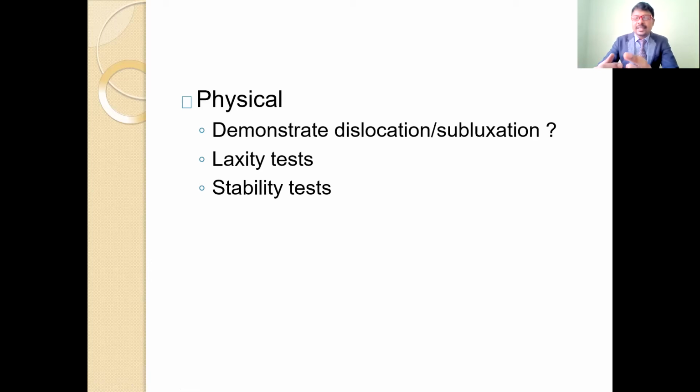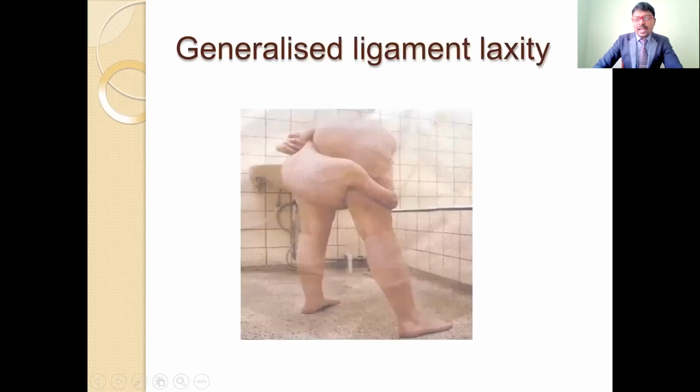So from the history taking, the causative factors, and the demonstration of what type of dislocation or subluxation it is, we can identify the risk factors for recurrent dislocations. Those who have ligament laxity or hypermobile syndrome, which is a genetic defect, can bend to any side, and they can reach to the back side.